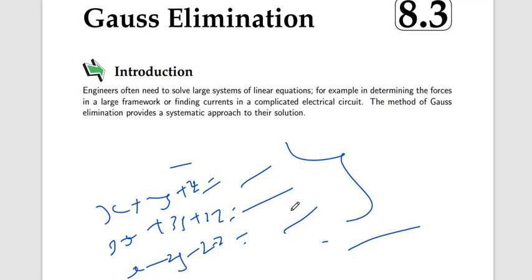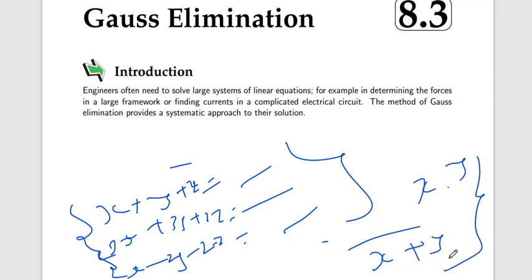If we try to solve these with the previous method, multiplying and then adding or subtracting, we get equations in x and y, and then we solve those as before.